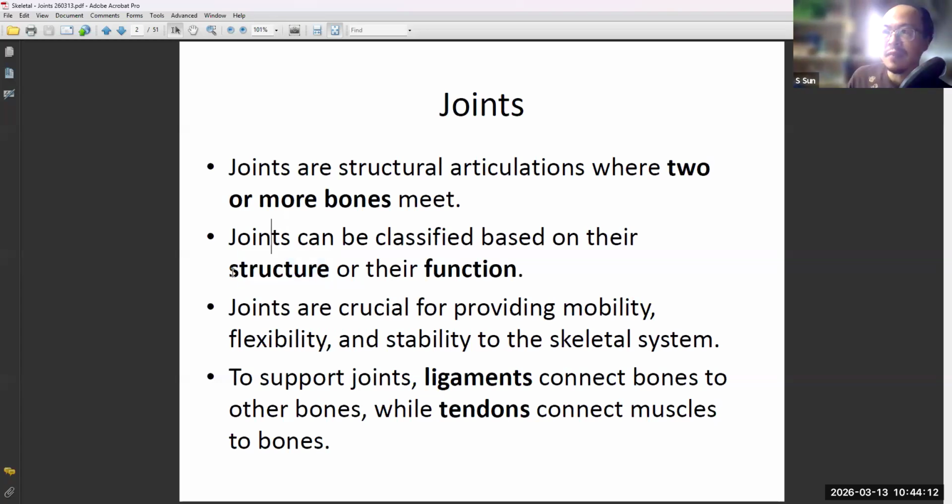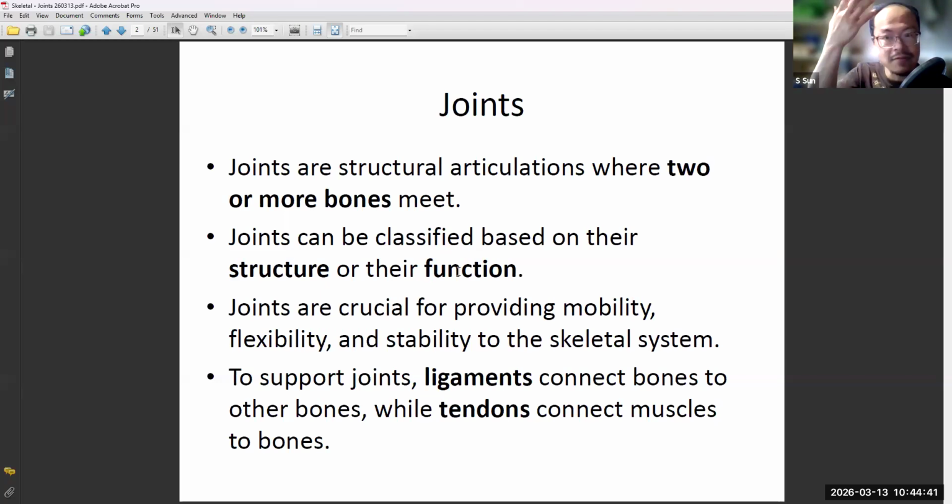Basically we have three ways to connect two bones. We can either glue them very tightly, or we can allow some flexibility. So we can classify the joints based on their structure, or based on their function. Function basically is immovable, like you cannot move it at all.